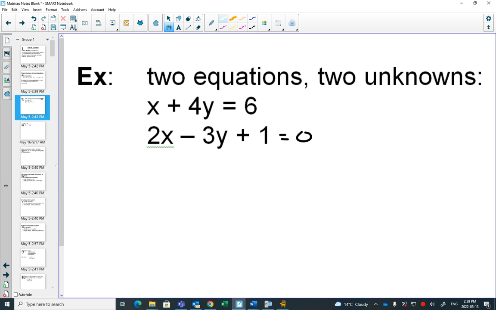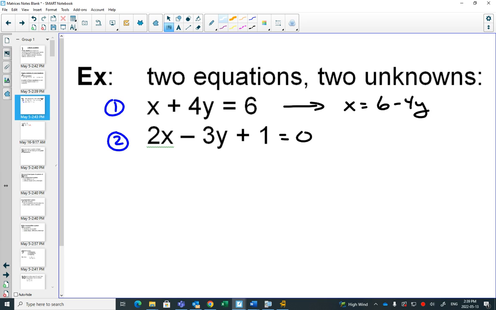In this one, if I was choosing between elimination and substitution, I would probably choose substitution. Why? Because in equation 1, I'm going to label my equations. In equation 1, it's really easy to get x by itself. Now, you guys are probably pretty good at this.